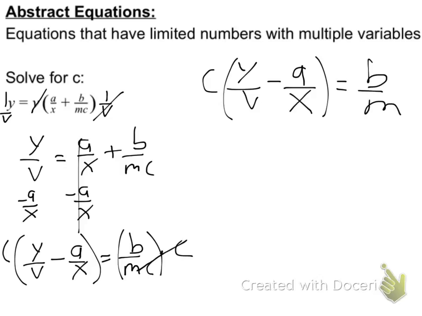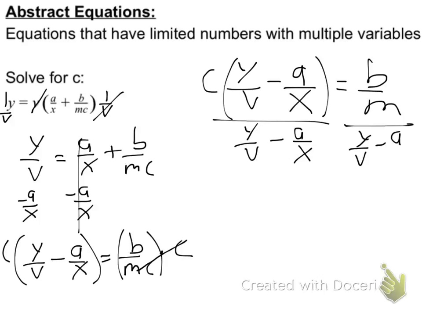B over M. To get C by itself, I do what? Divide by the stuff that we don't want. Oh my goodness, it just set up a complex fraction, but hey, you know how to handle that.